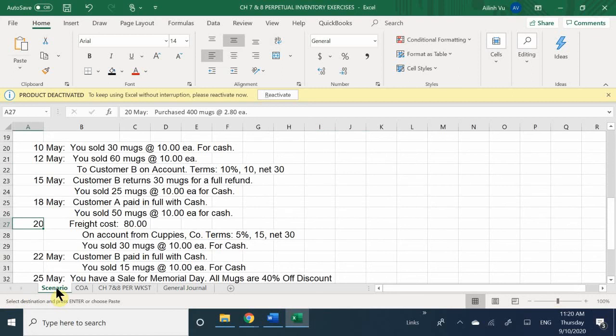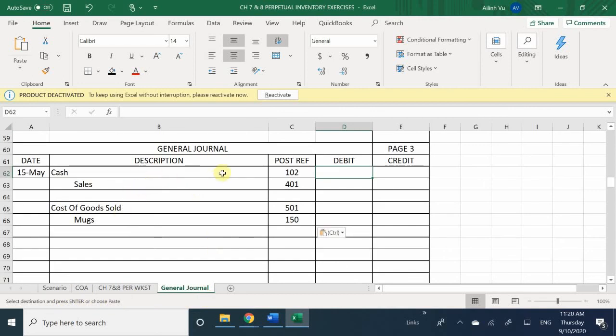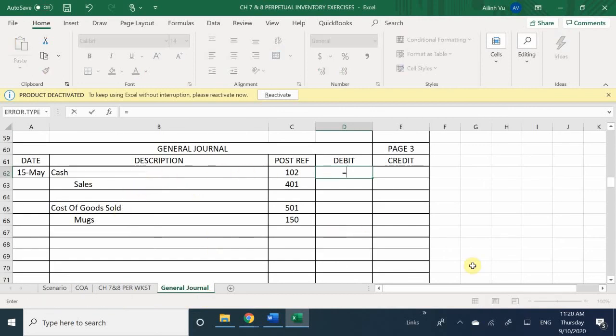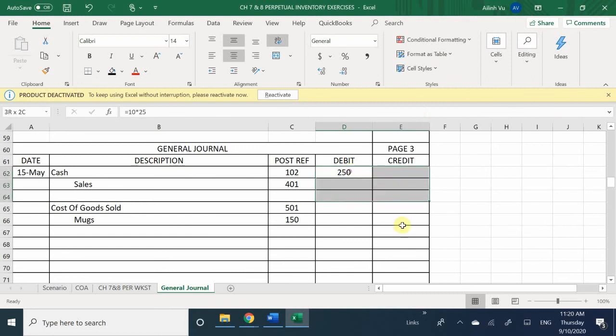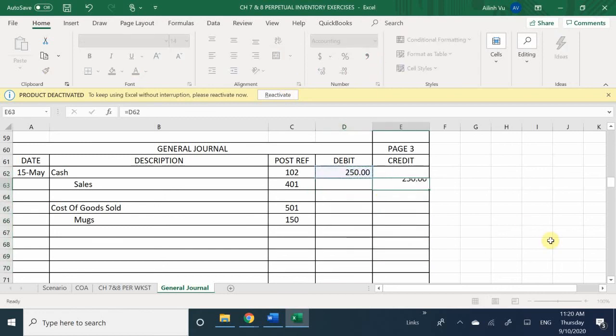I sold a total of 25 at $10. What is my total sales going to be here? $250. Good. I'll make that a dollar sign. 250 is correct.